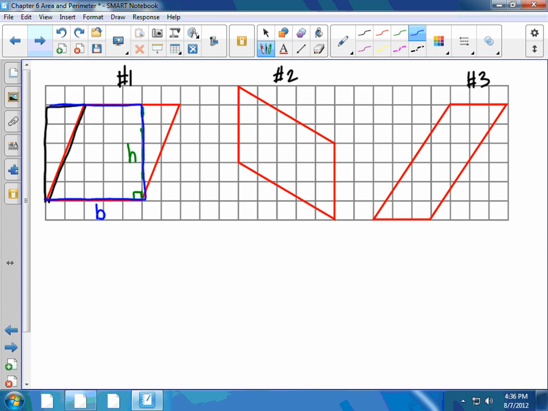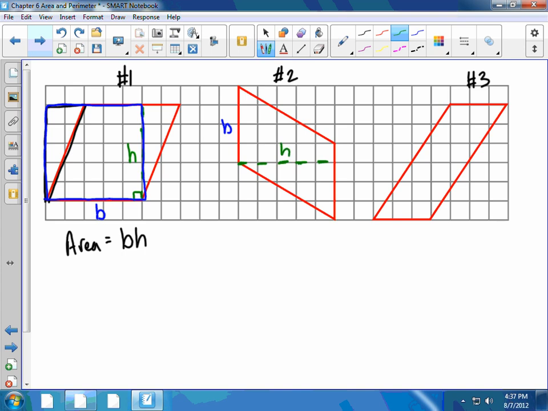And that rectangle has the same base and height as the parallelogram. So that reinforces that idea that the area is simply just the base and the height. To prove it again, we'll take a look at parallelogram number 2. And I'm going to label the base here, and I'm going to label the height. So here's where I'm going to put my height this time.